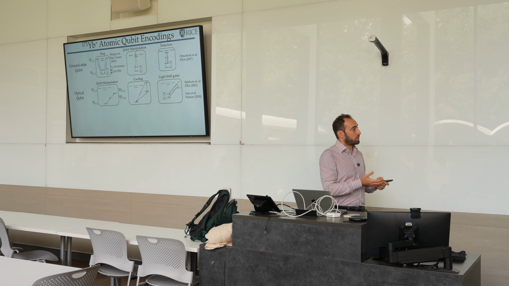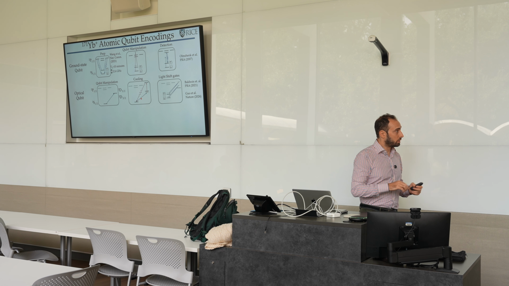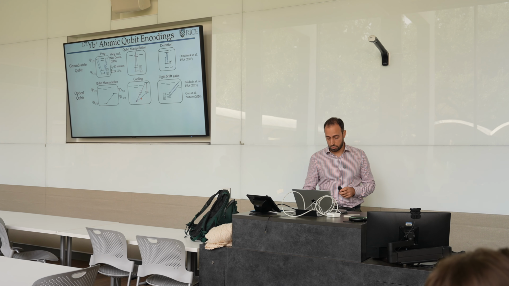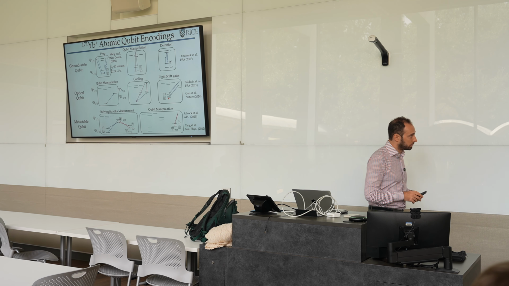But because they're metastable and very narrow, you can use them for different things. For example, I'll show you how we can use the optical qubit to do resolved sideband cooling, and I will explain a little bit what that means. You can also use it to do different types of gates, which I won't get into the details of.